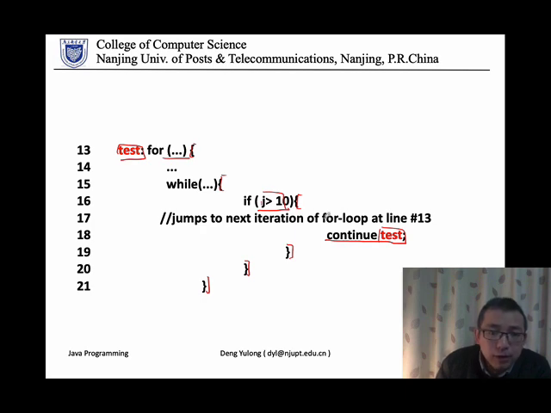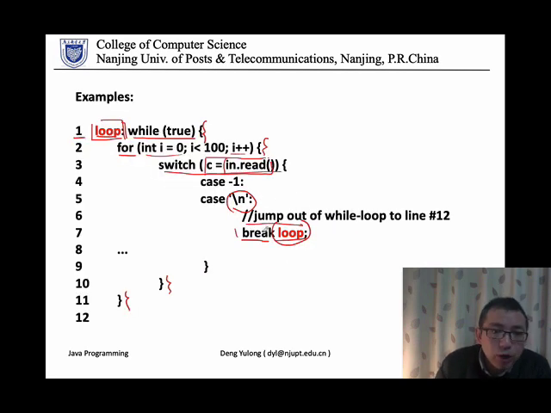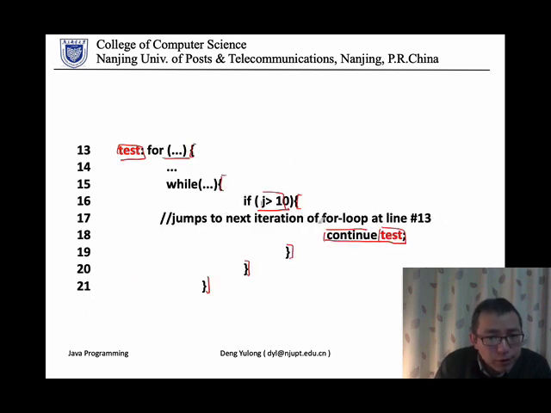It's very important that continue is different from the break statement. Once we execute the break statement, we end the whole loop. We get out of the loop and do not get back to it again. But if we use the continue statement, it only ends the current iteration, because we have more than one loop turn, and then we get into the next turn.